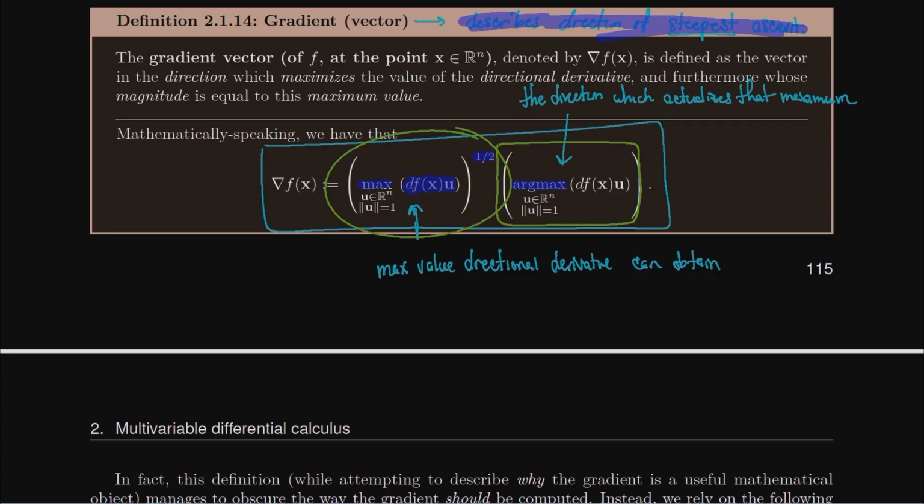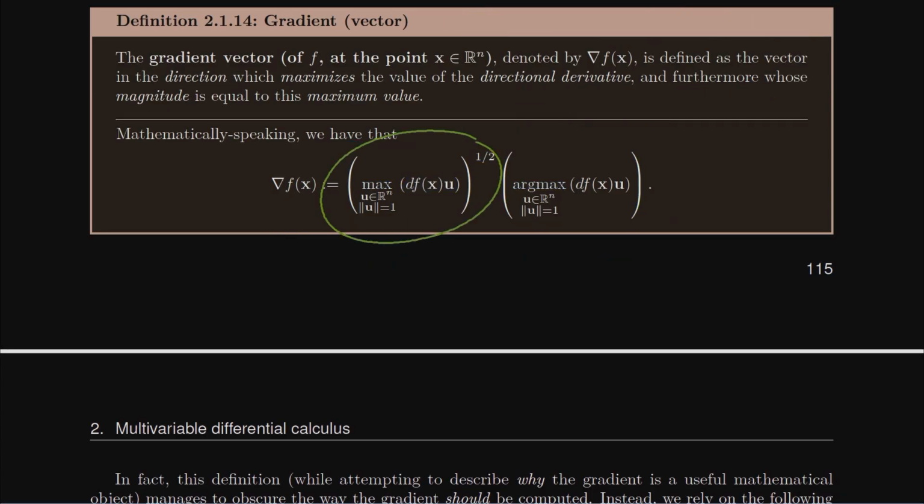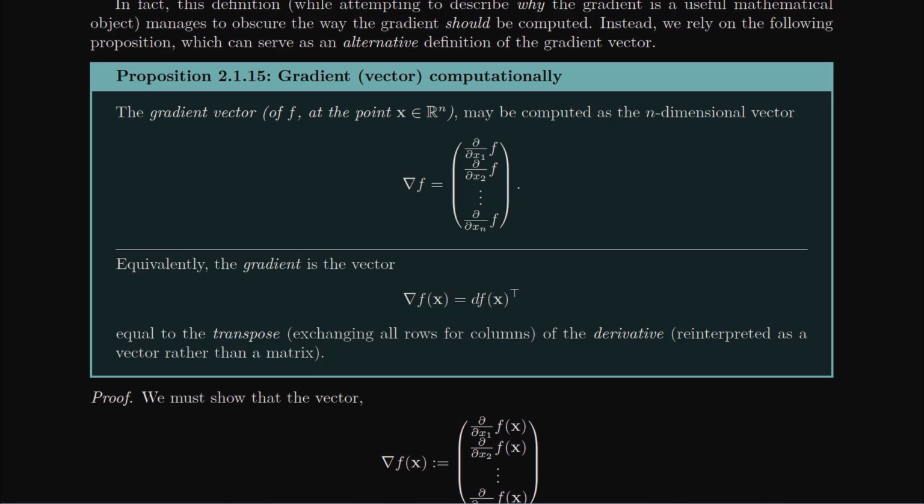So just take it for granted now that we're going to multiply that arg maximum, the actual direction of steepest ascent, by the square root of what the maximum value actually is. Because when we do that in this proposition, it makes it a lot easier to compute the gradient vector. There's a very, very easy way to compute it if we just multiply by the square root of the maximum value that's actually achieved.